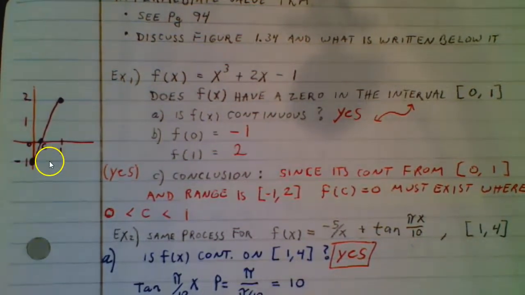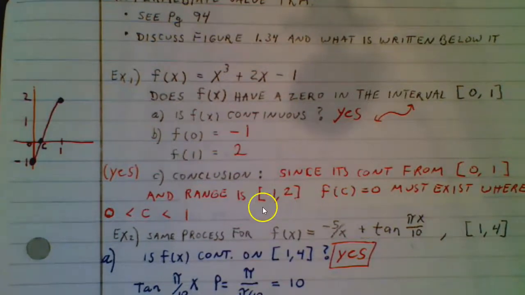If you look at the graph, that's really easy to see that yes, that would have to exist because it's a continuous function all the way from here to here. So it must cross the x-axis, which means there would have to be a 0 or an x-intercept within that interval.